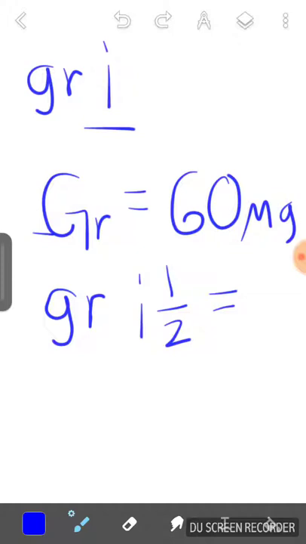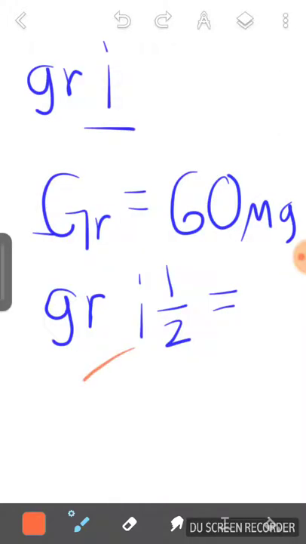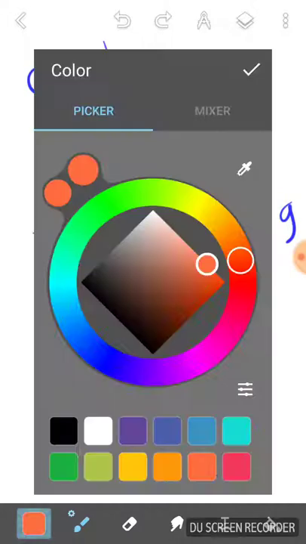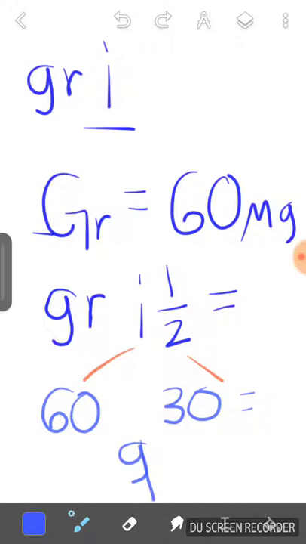Grain 1 is equal to 60, and half of a grain would be 30, right? Therefore, this equals 90 milligrams. 90 milligrams. That's right.